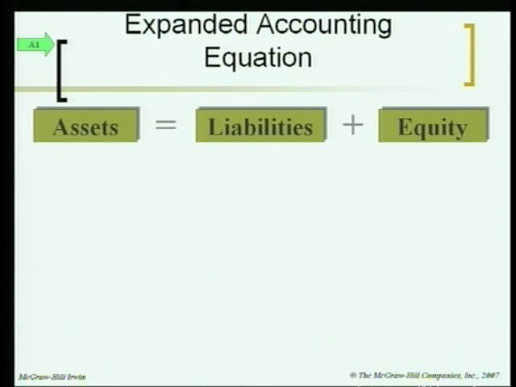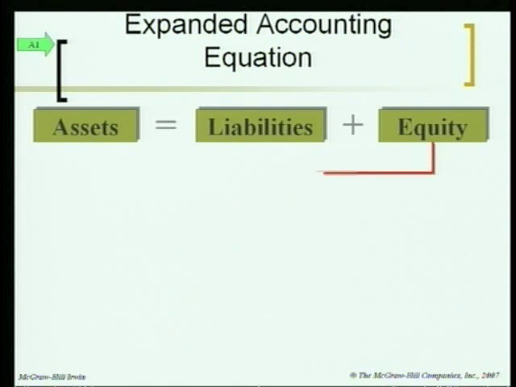Per our quiz, we were tested over the two things that increase equity: investments of assets into the company by the owner and revenues, right? The two things that decrease equity were withdrawals of assets out of the business by the owner and expenses, correct?